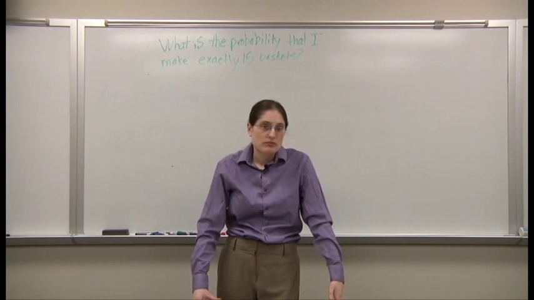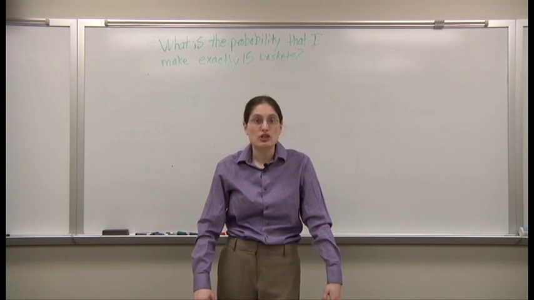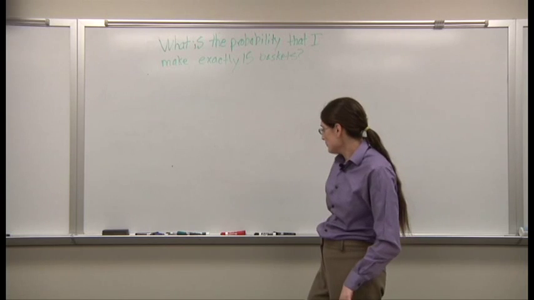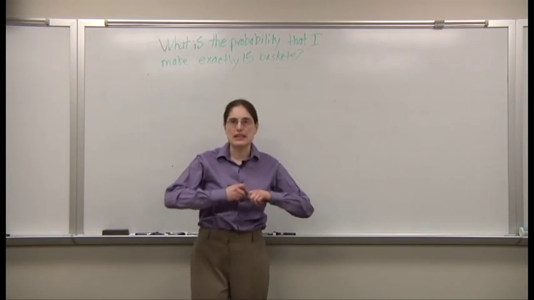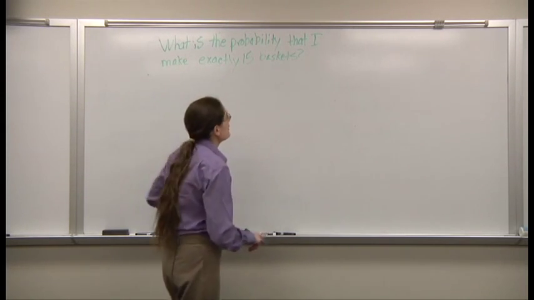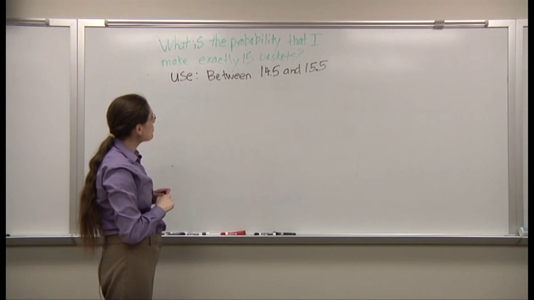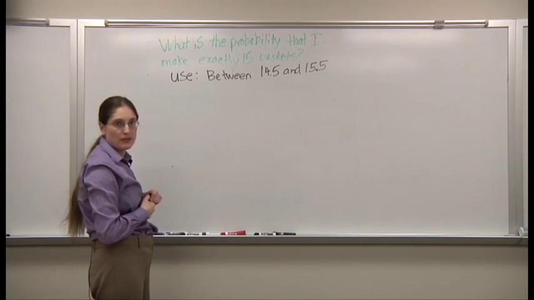But if I shoot the ball 65 times, could I make exactly 15 baskets? Sure, it's possible. What you do is you treat it like a between. You do it between 14.5 and 15.5.